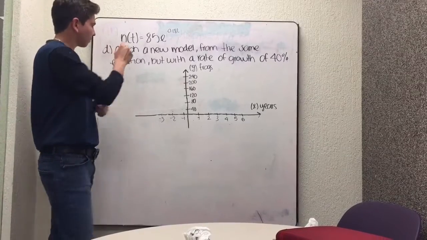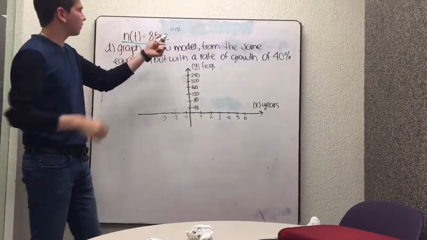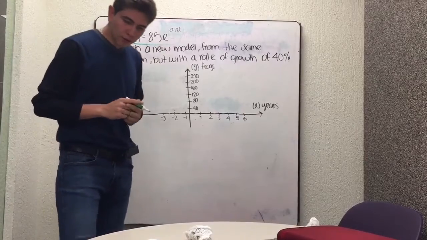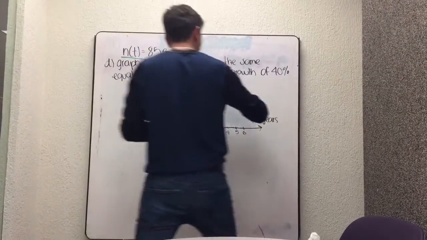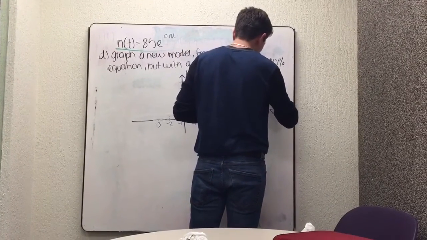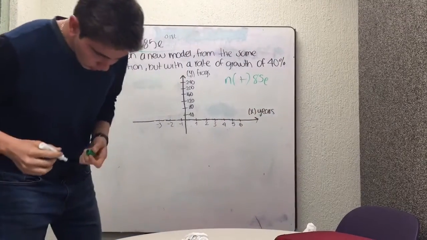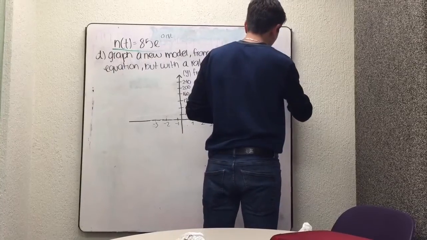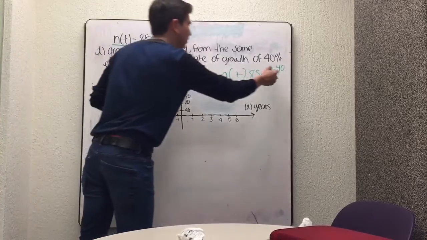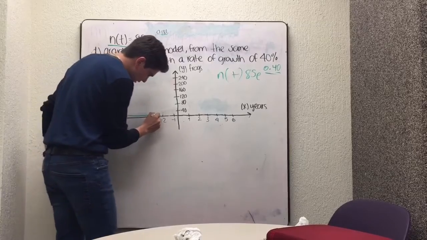The original formula is n(t) = 85 e raised to the power of 0.18t, and now it should be n(t) = 85 e raised to the power of 0.40t. We change this number to the 40. And it goes like this.